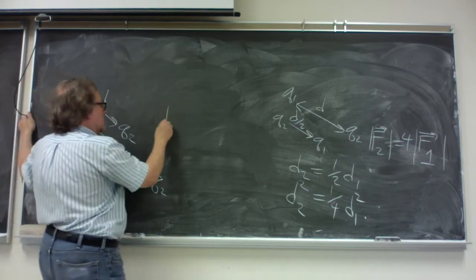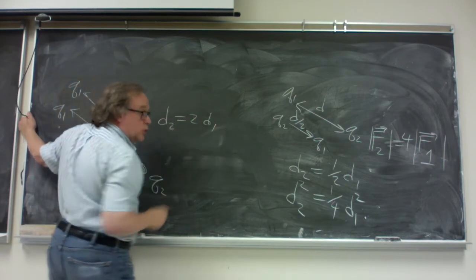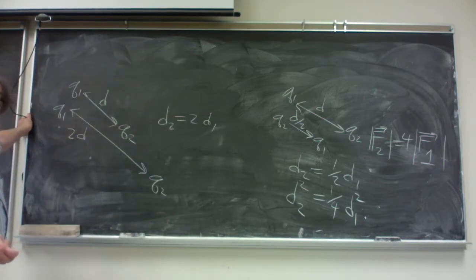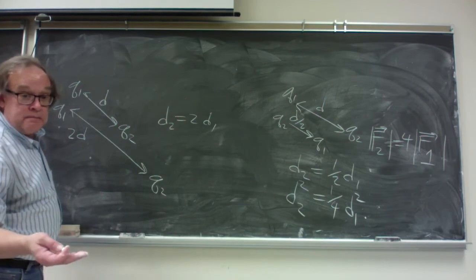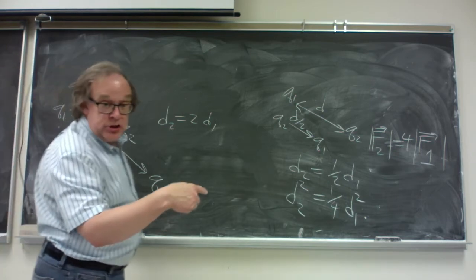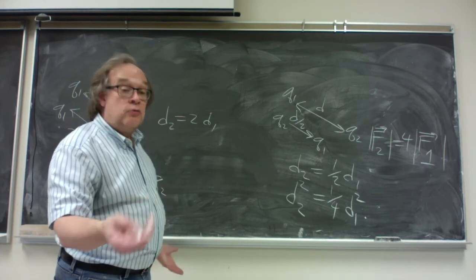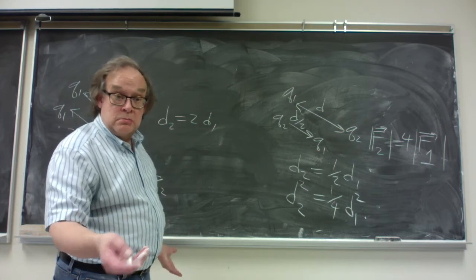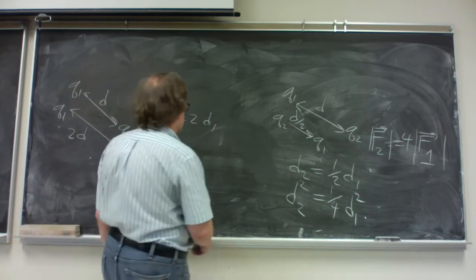That is, the new distance is twice the old distance. Since distance changes, distance squared will change, and the factor by which distance squared changes will tell us the factor by which force changes, because force and distance squared are inversely proportional.